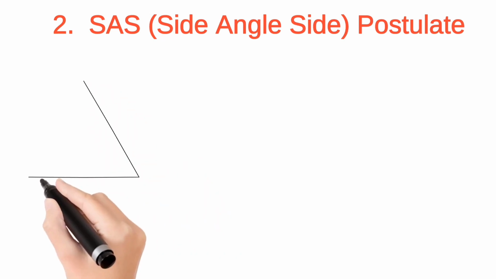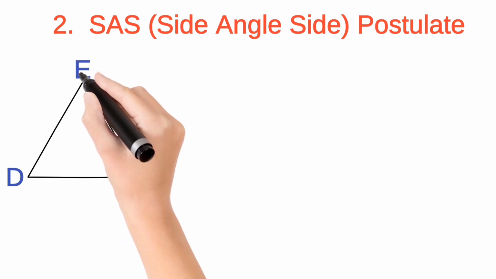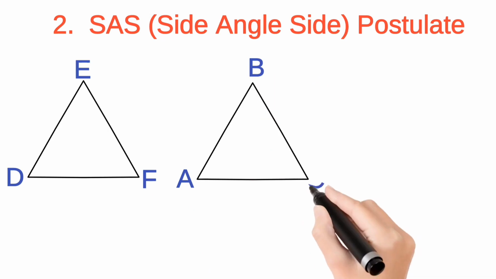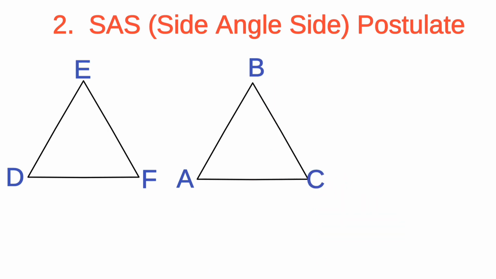Let's say we have triangle DEF and triangle ABC. Now, if side DE corresponds to side AB and angle D corresponds to angle A and side DF corresponds to side AC, then we can say that these two triangles are congruent triangles.